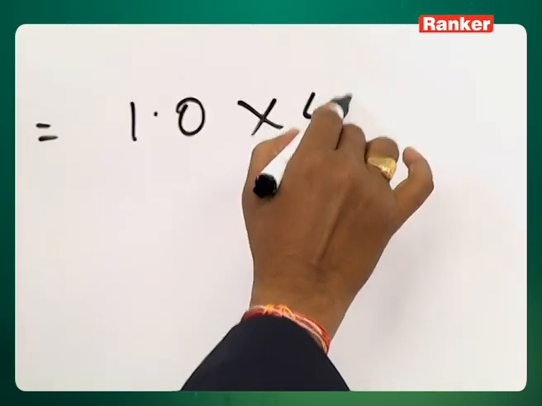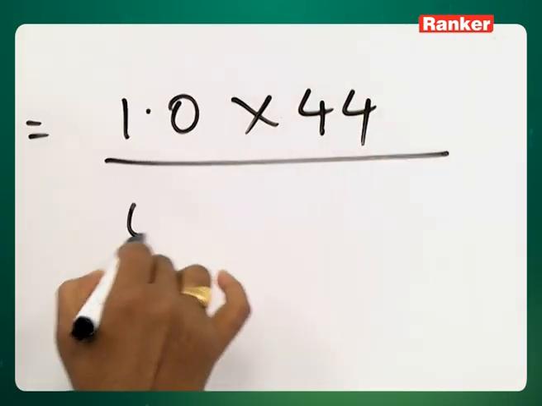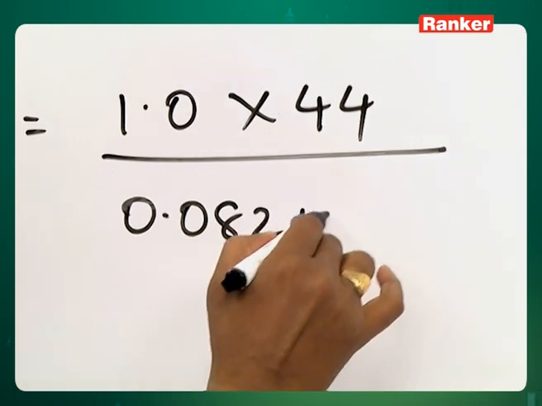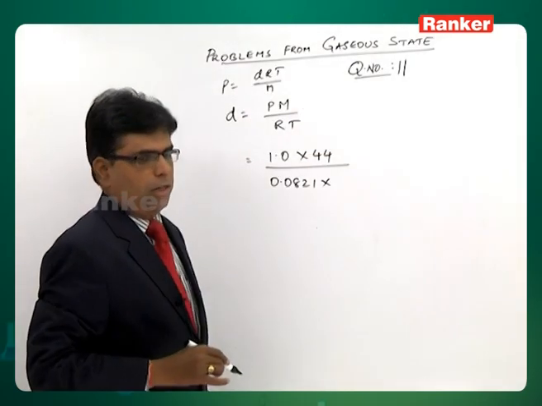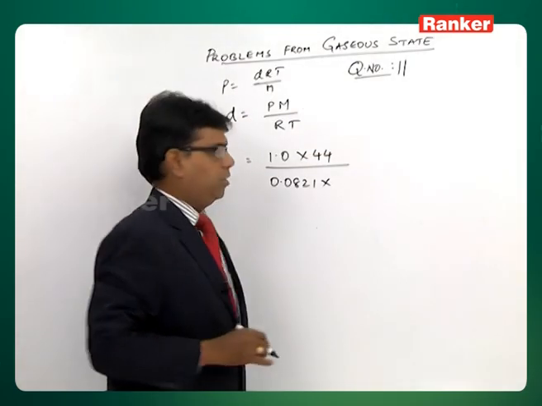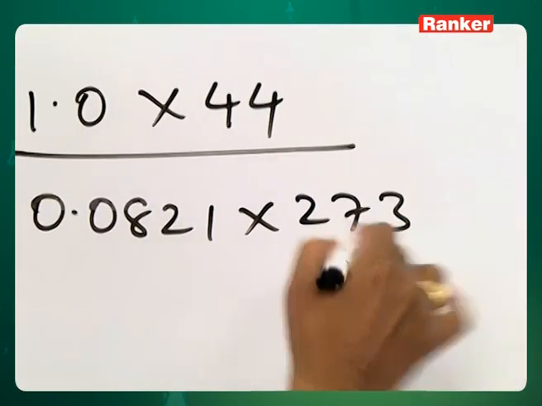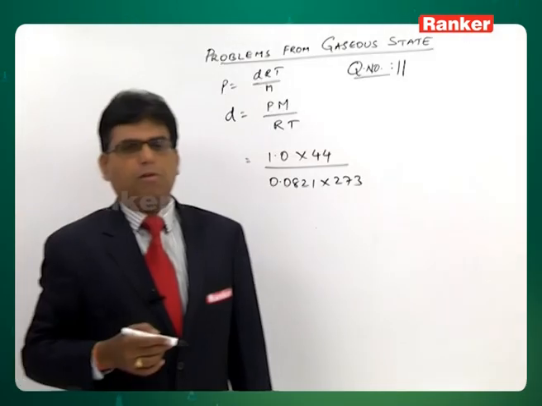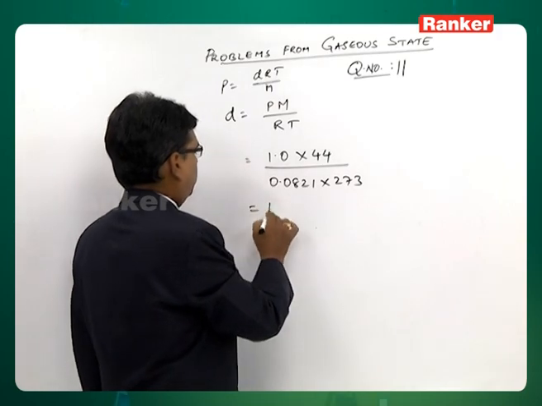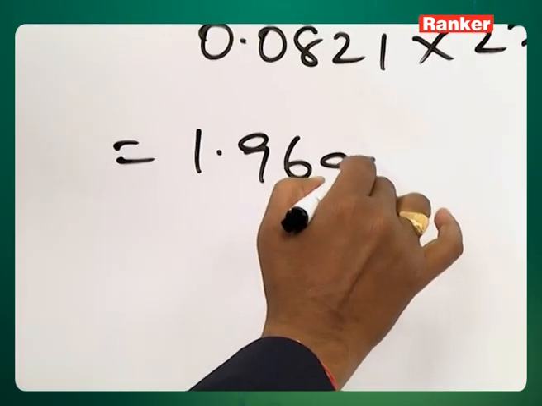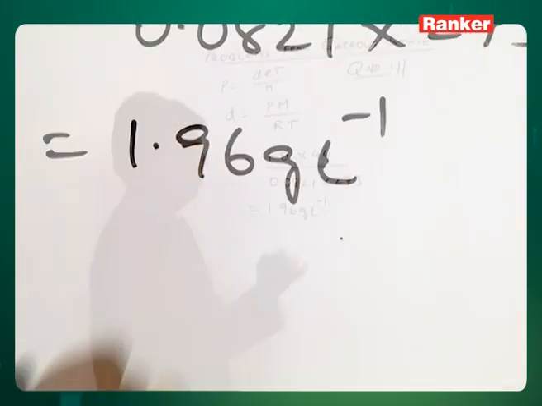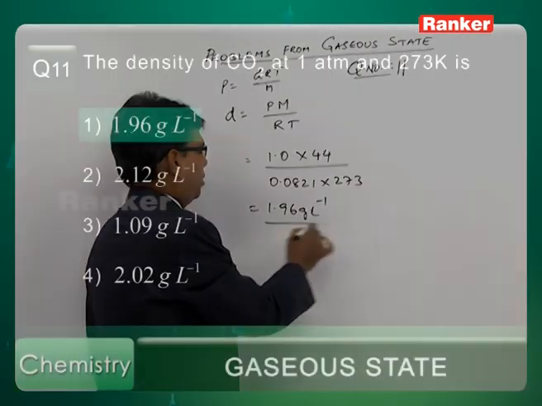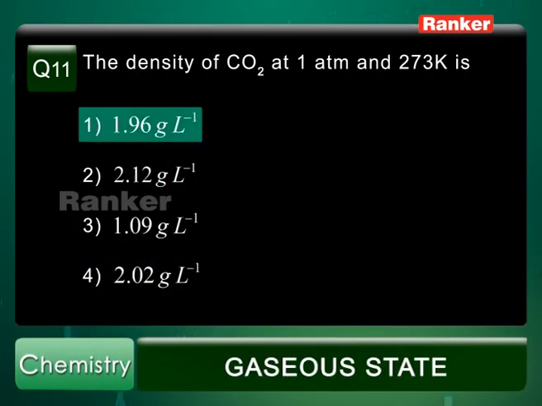Molecular weight of carbon dioxide is 44, R is 0.0821 liter atmosphere per mole per Kelvin, and temperature given is 273 Kelvin. If you solve this, the density is 1.96 gram per liter. So, the answer is the first option, 1.96 gram per liter.